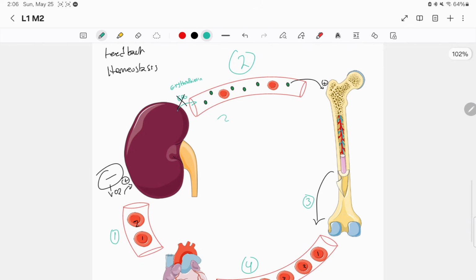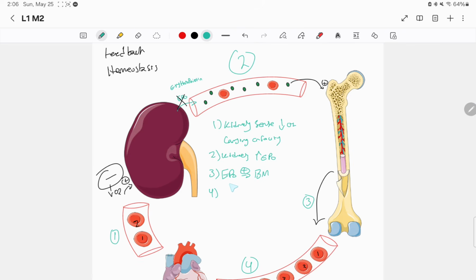Let's review the steps. Step 1, kidney senses low O2 carrying capacity, okay? 2, kidney increases EPO in the blood. 3, EPO stimulates the bone marrow, okay, to go through erythropoiesis.